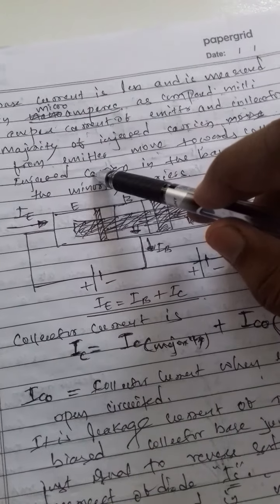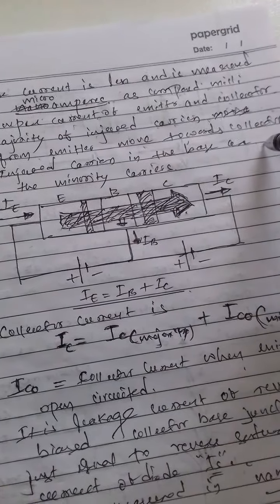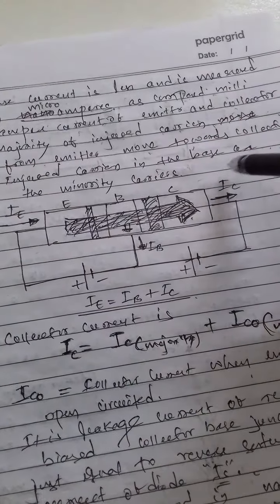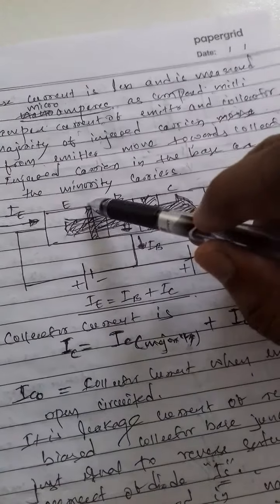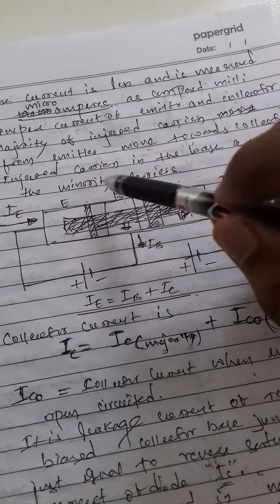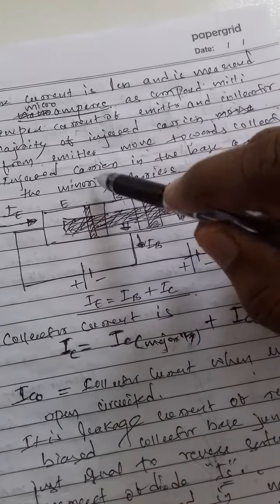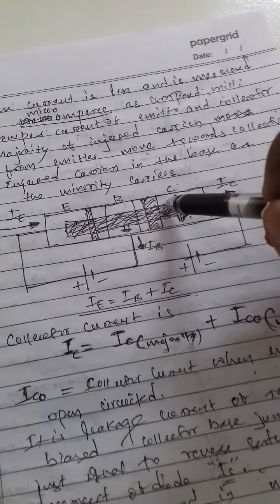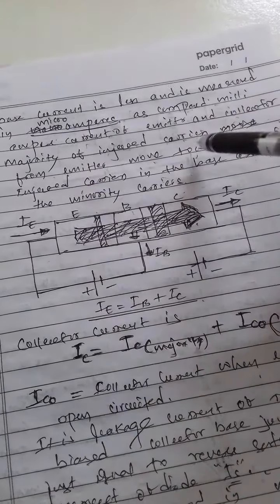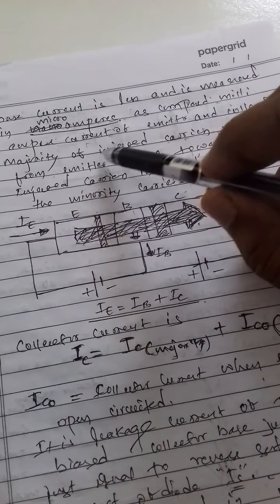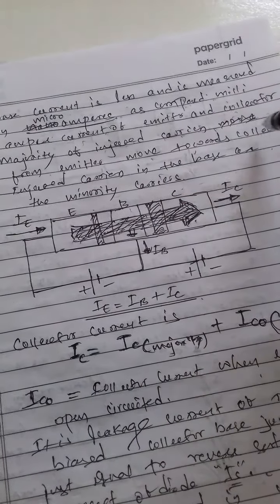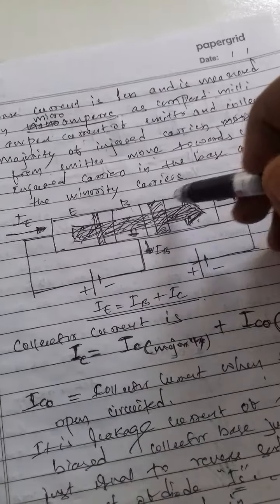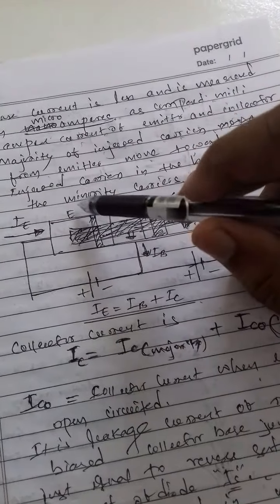Injected carriers in the base are the minority carriers, because, as compared to the milliampere current of emitter and collector, the majority of injected carriers move from the emitter towards the collector.